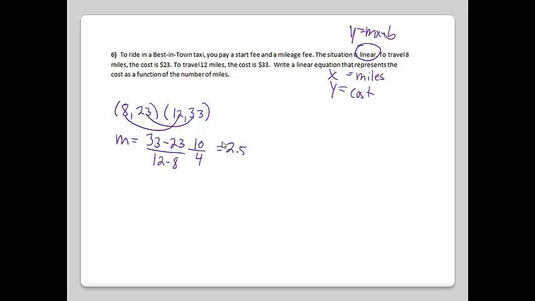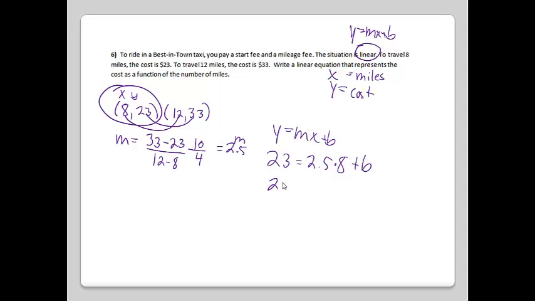Okay, so my slope is 2.5. I'm going to pick one of those points. Neither of them really looks any better than the other, so I'll just pick 8, 23. So we'll have y equals mx plus b, if you want to label your x, your y, and your m. So my y is 23, so I'll have 23 equals, my m is 2.5, times my x, which was 8, plus b.